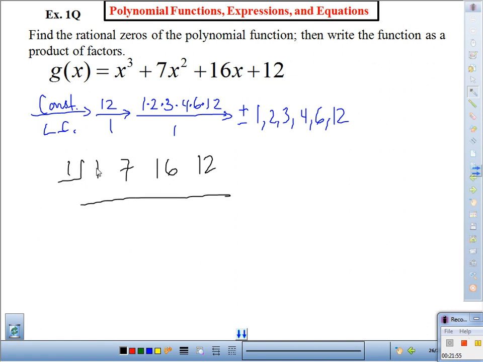The first number always comes down, straight down, and then we get started. What is 1 times 1? 1. What is 7 plus 1? 8. What is 1 times 8? 8. Combine these, 24. 1 times 24, 24, combined, 36. Is this a 0? Nope.